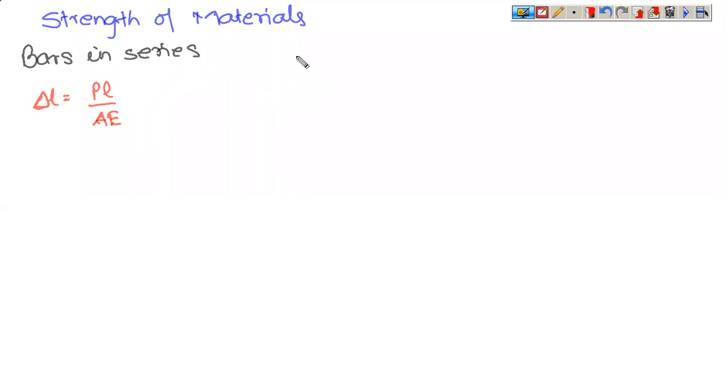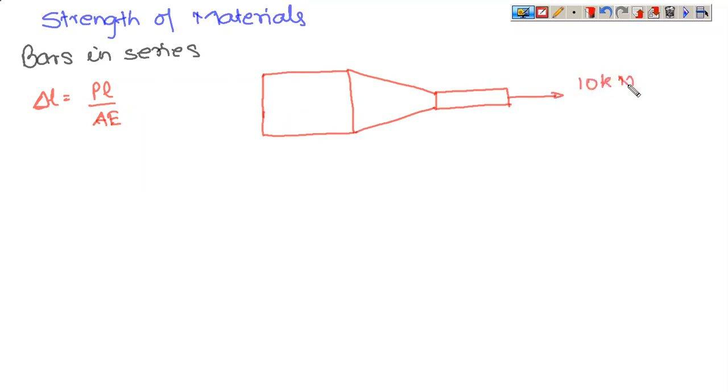So bars in series means that let us have a situation where we have a bar of this type, and it is subjected to a 10 kilonewton force.